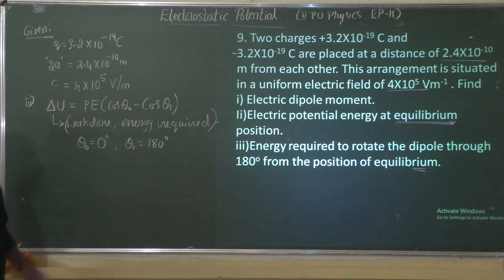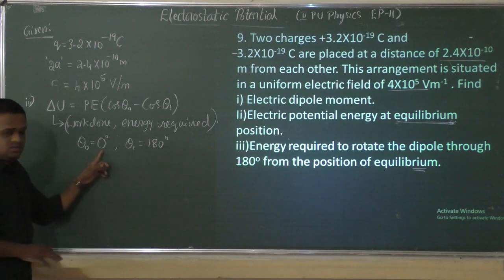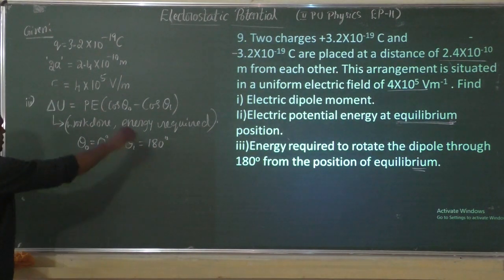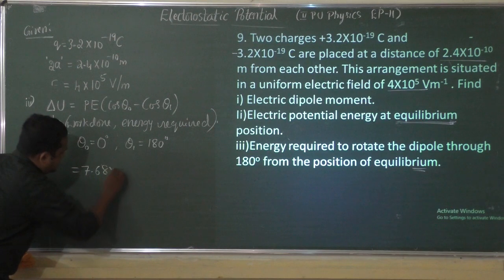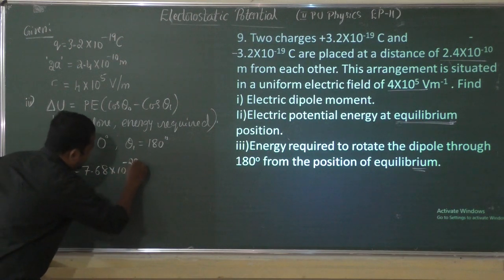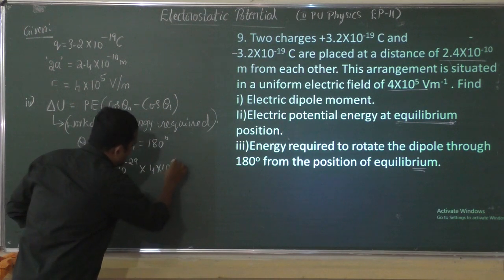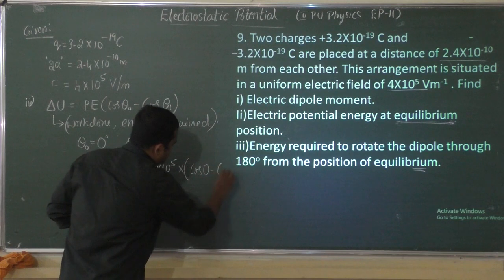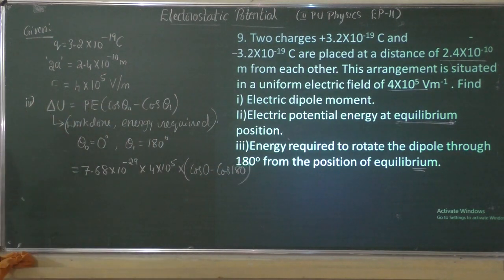If it is asked to calculate the energy required to rotate the dipole through 60 degree, theta naught is 0 and theta 1 is 60 degree. So substitute the values. P is 7.68 into 10 power minus 29, into electric field 4 into 10 power 5, into cos 0 minus cos 180.